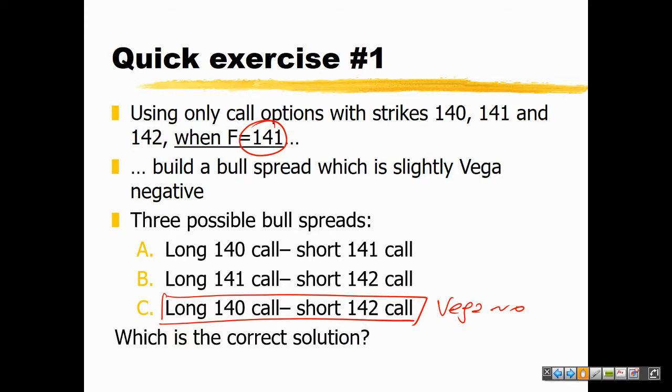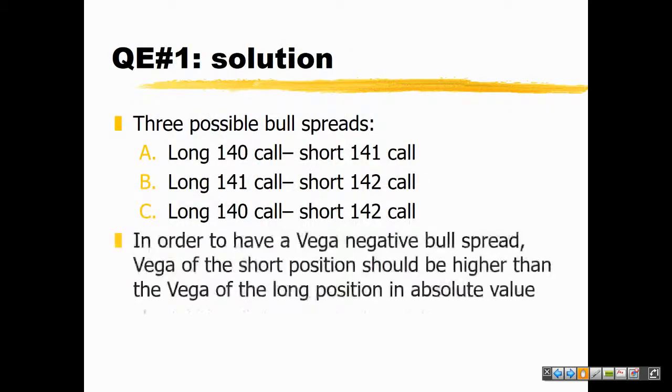And the second part of the story is, if you want to have a negative Vega, it means that the option with the negative Vega must have the highest Vega in absolute value, and therefore must be at the money. So you must be selling the 141 call because this one is at the money, and as a consequence, you are selling the option with the maximum Vega. So this is why the correct answer is A. That's the logic, okay?